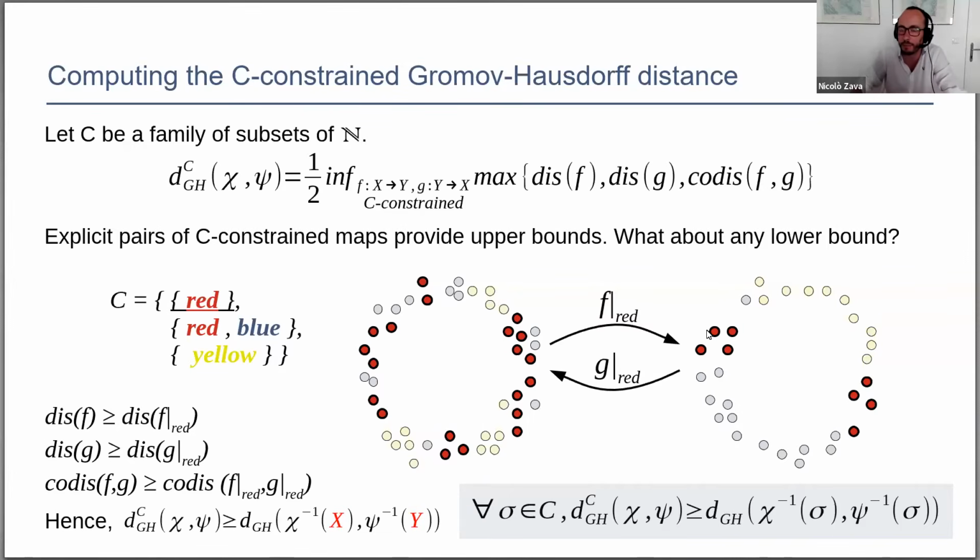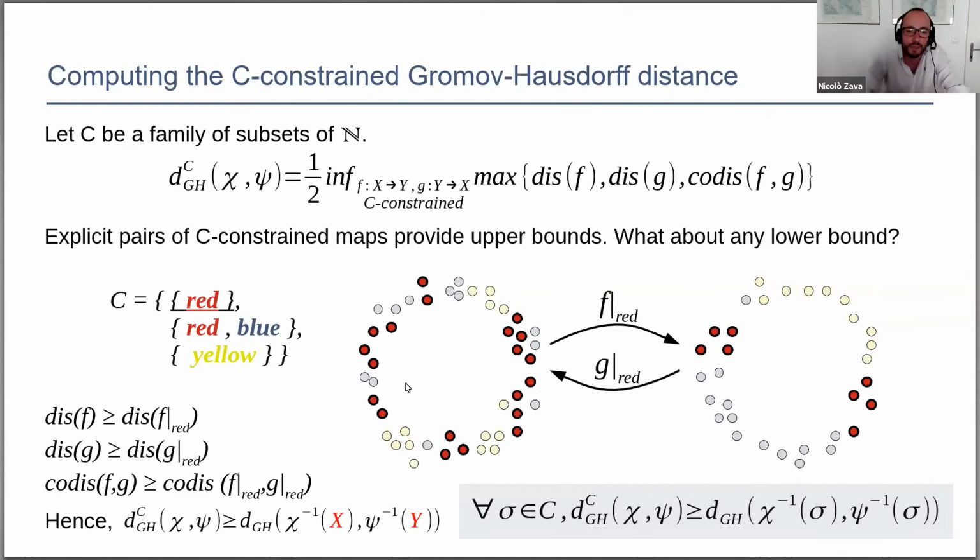And the other way around, same for G. The restriction of a C-constrained map to red points is again well defined. And it's not too complicated to notice that the distortions and co-distortions of the restrictions are bounded by the original distortions and co-distortions. You have fewer points to compute the suprema.